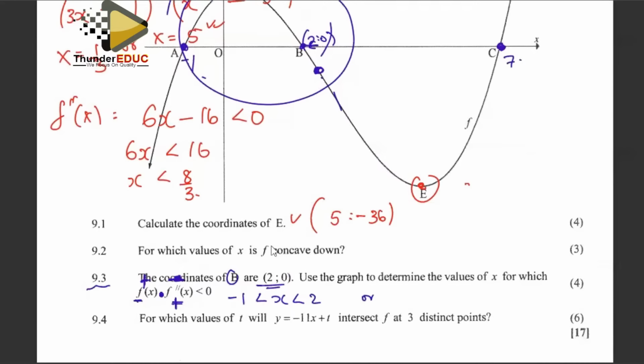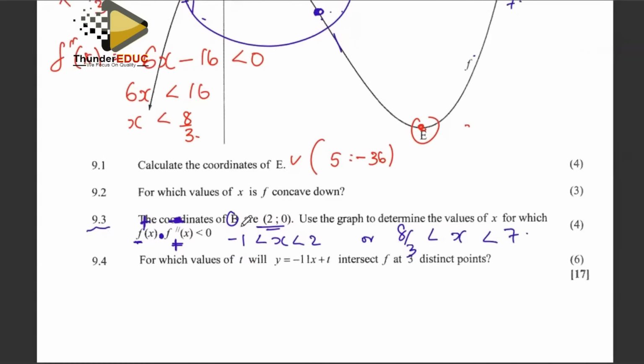And then concave up, but the graph is below, which is between 2 and 7. Okay, so since they're asking for the x values, it should be the point of inflection, which is 8/3 less than x, and then less than 7. Okay, so that is how 9.3 would have been answered.